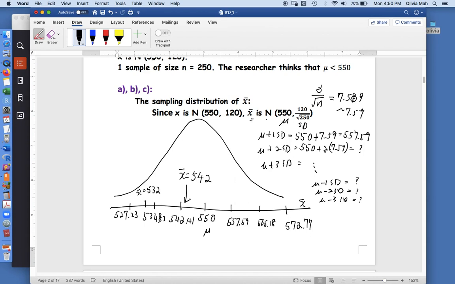So where is this 532 in relation to the mu? It's a little bit more than 2, but roughly 2 standard deviations below the mu. So from this diagram, you can easily tell that this sample mean, 532, is farther out from the mu, and therefore 532 gives you stronger evidence against the assumption.